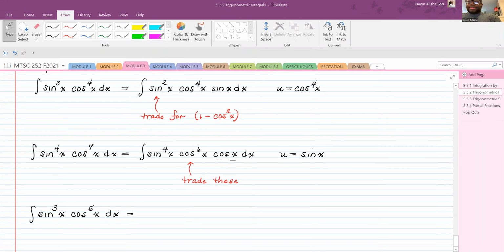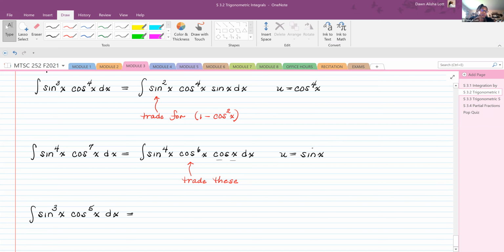Okay, what do you do with that one? Do we take off one from cosine to the fifth x?